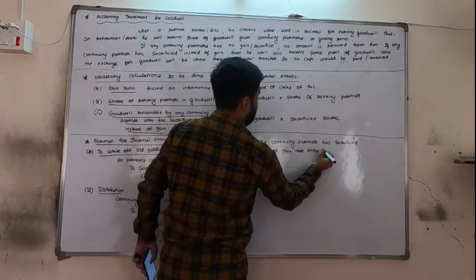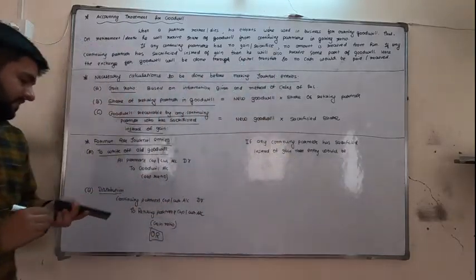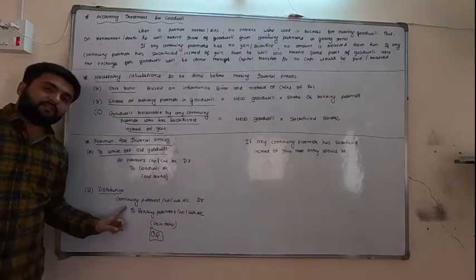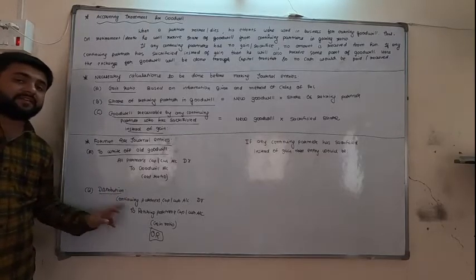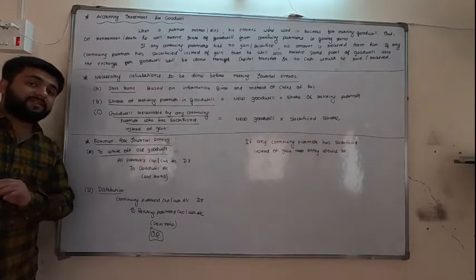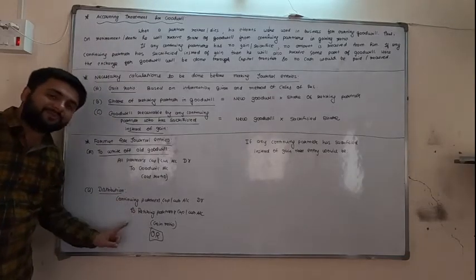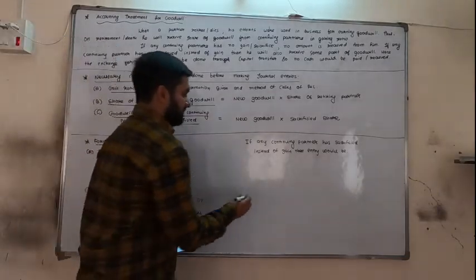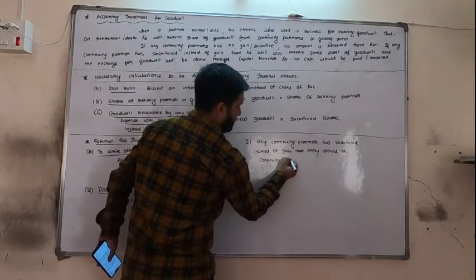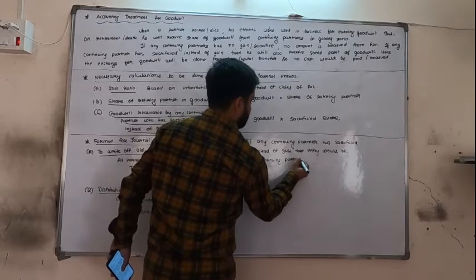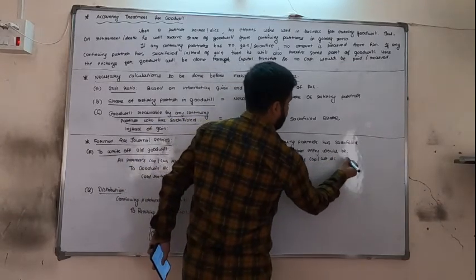then the entry would be, see friends, normally the entry is continuing partners to retiring partner. Now if some continuing partners are sacrificing instead of gain, then in the previous chapter instead of credit it was debit. Now here instead of debit it would be credit. So the entry would be continuing partners' capital or current account debit.